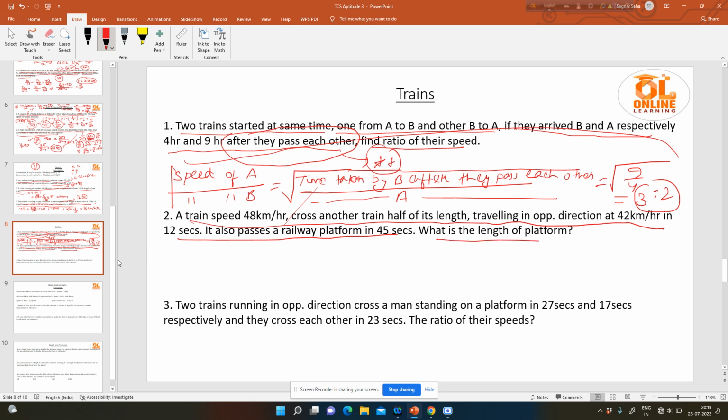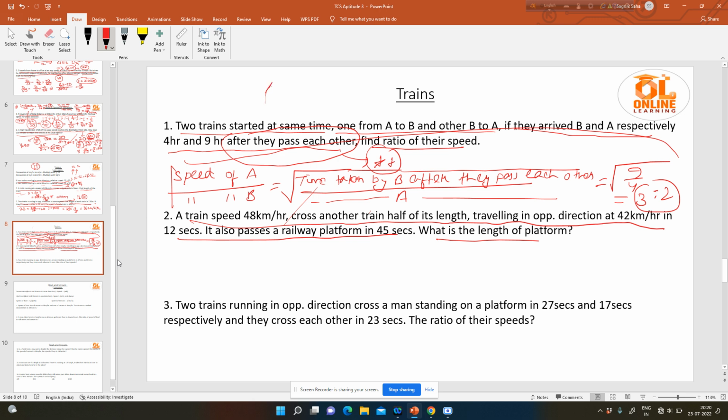So first let us find the length of the train, because only then can we find the length of the platform. Two trains are crossing each other, and one train's length is half of the other train's length. One train's speed is 48 kilometers per hour and the other train's speed is 42 kilometers per hour.